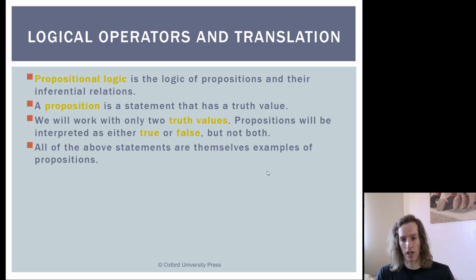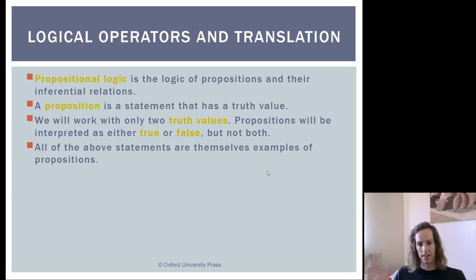And the logic that we'll be using for this course has only two possible truth values, true and false. Other logics can have more than two values. For example, some logics will have true, false, and indeterminate or undetermined, and other logical systems will have many more than just true or false as truth values.